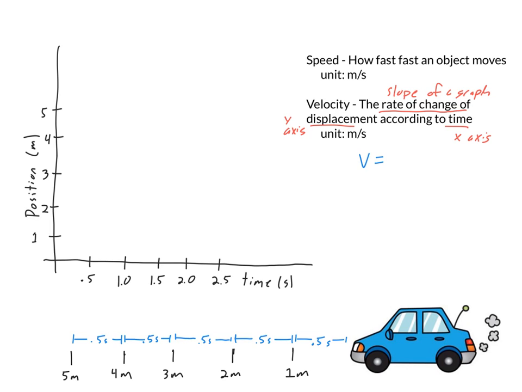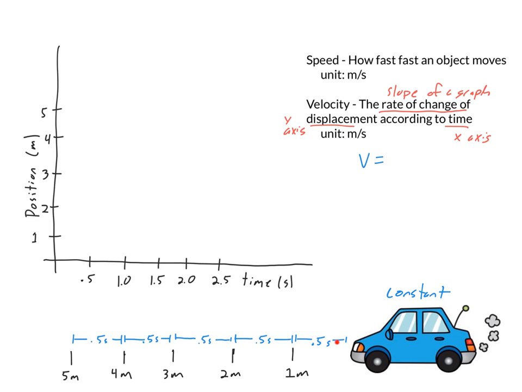Let's let this car be going at some constant velocity that we want to figure out. Constant velocity means same speed, same direction. So let's put the car going 0.5 seconds, it makes a meter. Another 0.5 seconds, it goes another meter, and so forth. Now, let's actually graph out the car's motion on a position time graph.